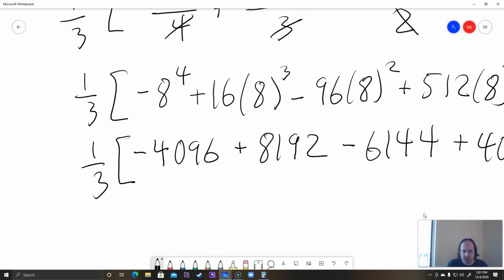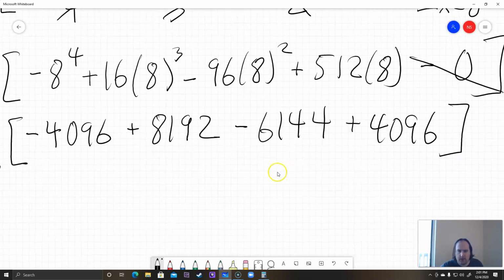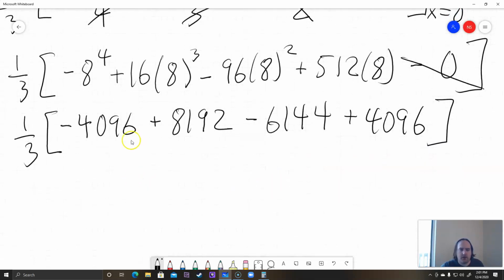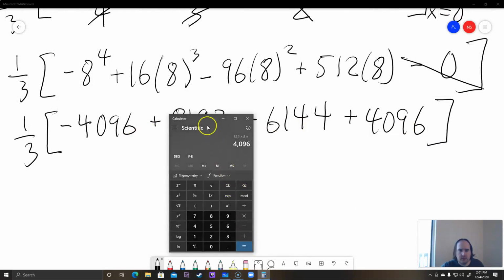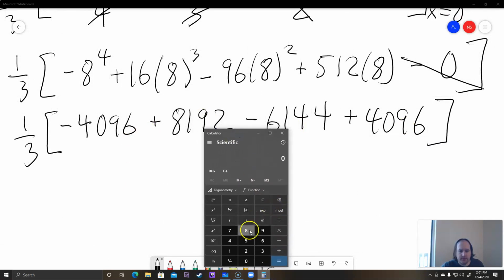This is a very messy problem, taking a long time. But now we can add all of these. So we've got 8192 minus 4096 minus 6144 plus 4096, and that gives us 2048.